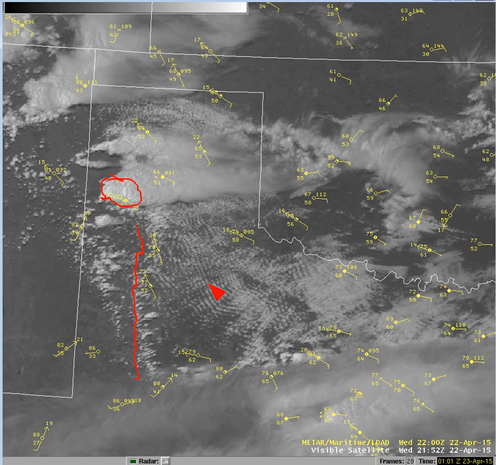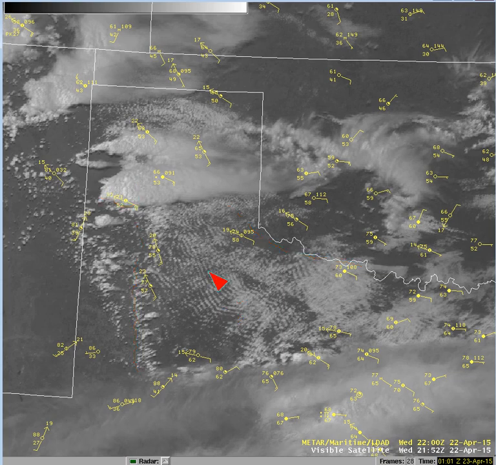And then we have our MCS outflow boundary still in place, approximately something like this. And there's been some modification of it with some daytime heating, but generally it's more stable and drier air mass north of that. And then we have our potentially unstable air mass, our warm, low-level moist air mass over here.